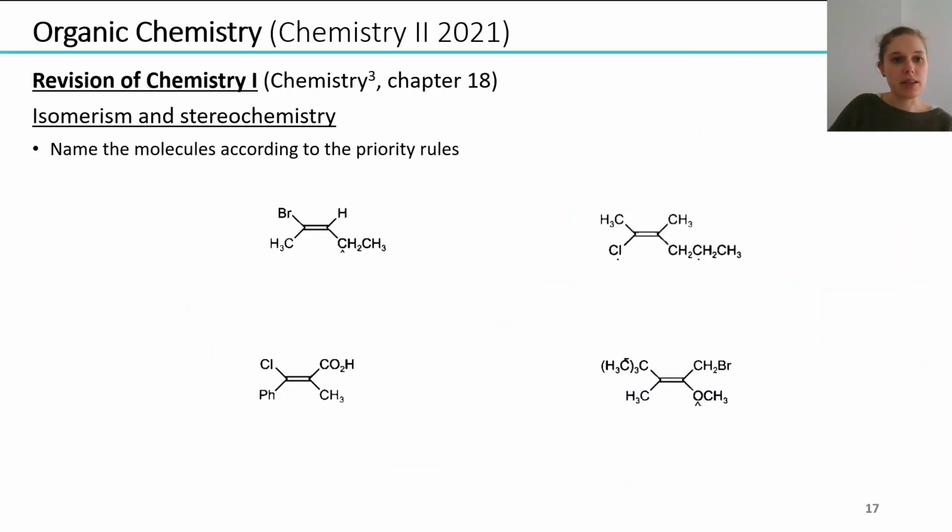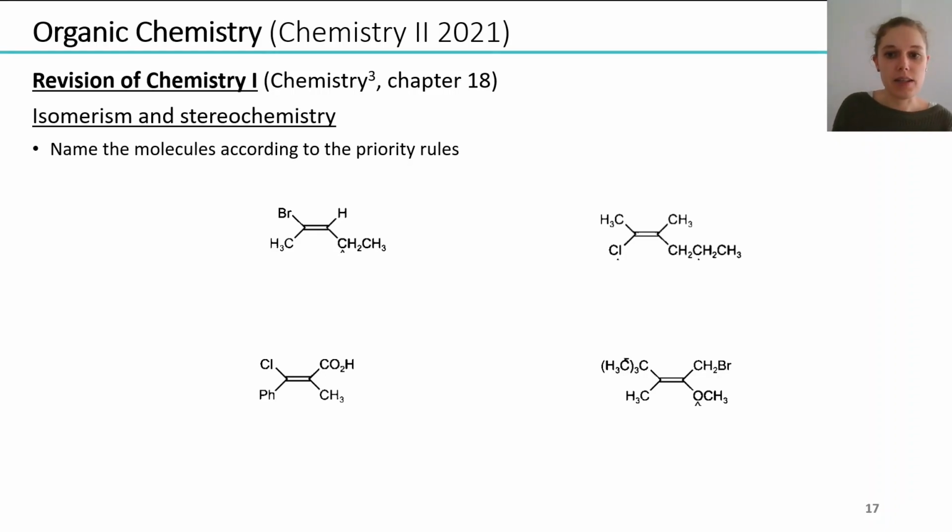And here I would like to give you an exercise for naming molecules according to the priority rules. I would say I do the first example together with you, and then you can continue with the other examples by yourself.